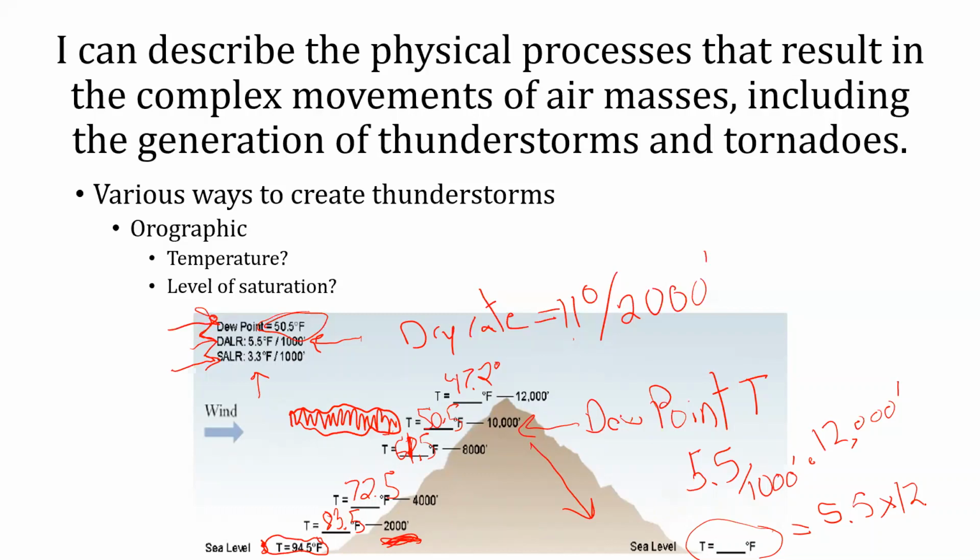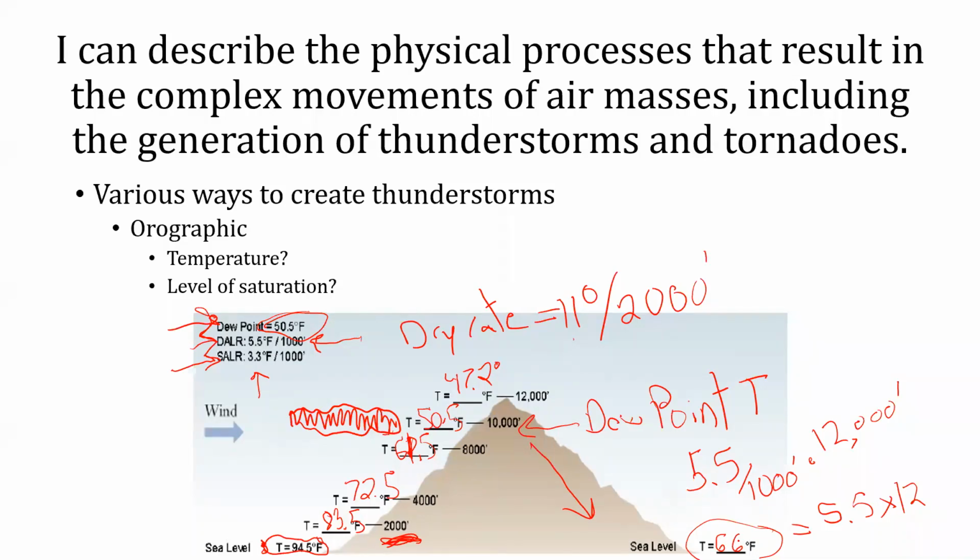Or, let's see, 6 times 12, is that 66? That doesn't seem right. 12,000 times 5.5, or, okay. Is that right? If you have a calculator, you can go ahead and check me.